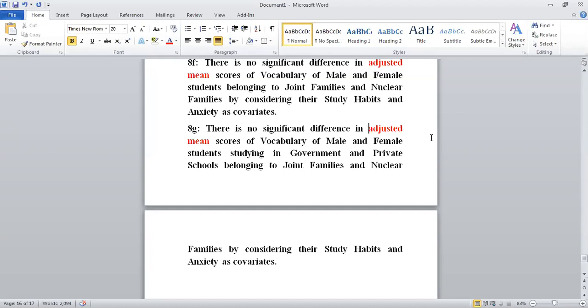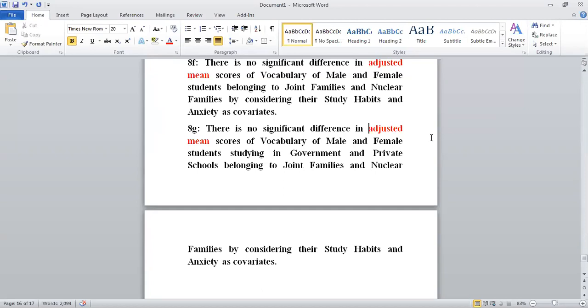One variable will be types of school, another variable will be types of family, and another variable will be gender. These will be the 3 discontinuous variables. And then I have my vocabulary, study habit, and anxiety; these will be the 3 continuous variables.